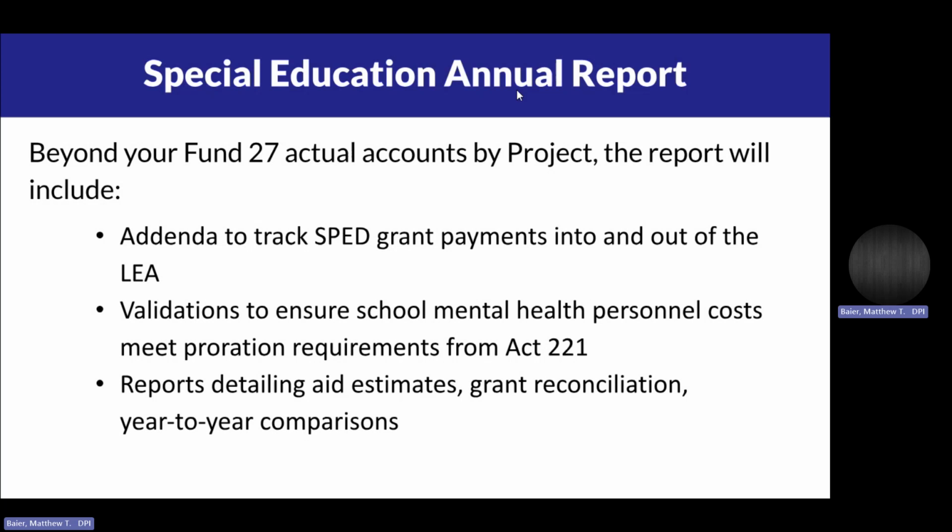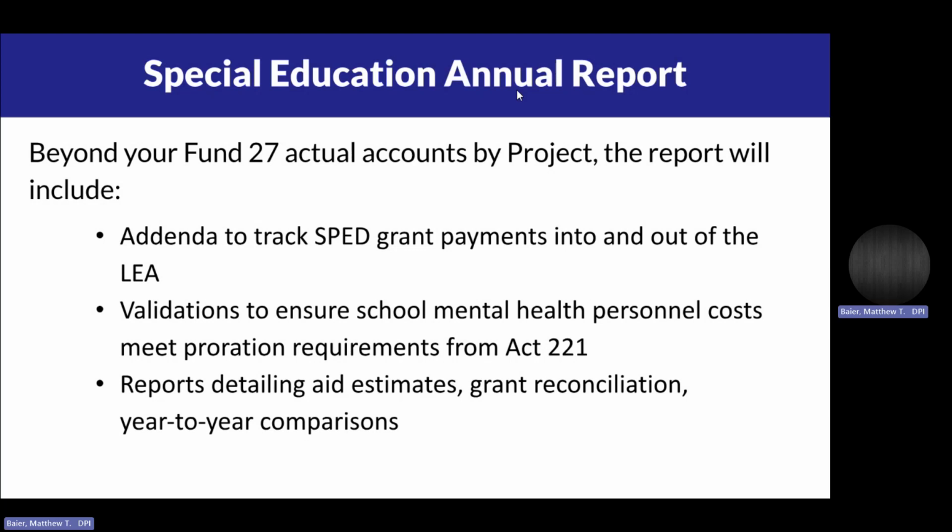So we'll build that within the system. There are certain caps on how much you can be reimbursed for certain personnel positions in pupil services, such as school counselor, school social worker, nursing, school psych.